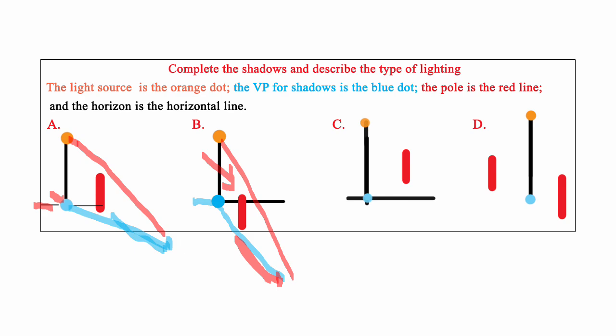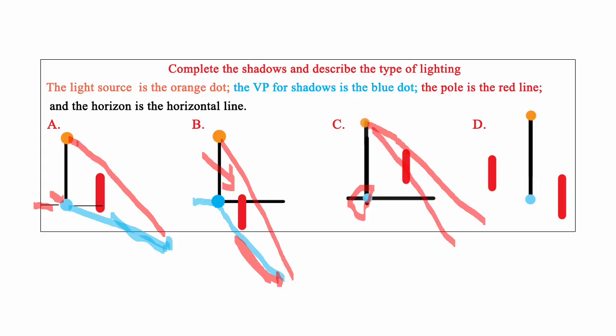This next one is again sunshine because the vanishing point is on eye level. So this pole must be in the air, meaning that both sides are what I call floating ends that are not attached to any surface. So light would go past both of them.